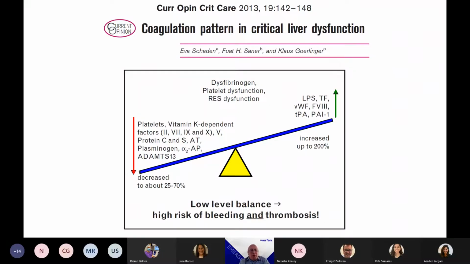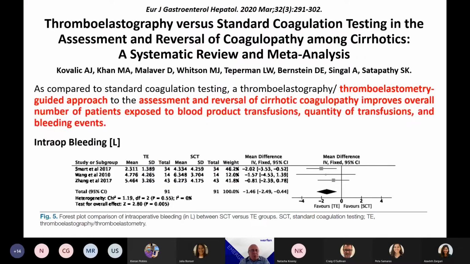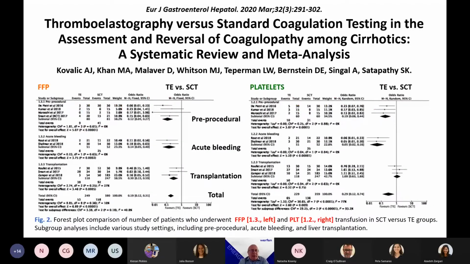So to push, for example, with prothrombotic drugs or blood products may move the risk even more from bleeding to thrombosis. What we know, again, from a systematic review and meta-analysis, is that using viscoelastic testing is definitely associated with less intraoperative bleeding as well as less blood transfusion.